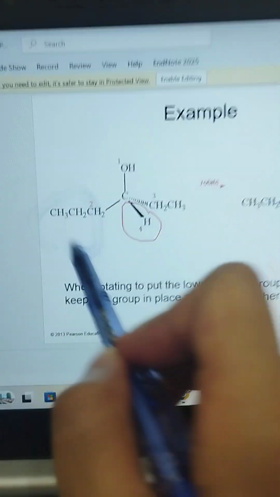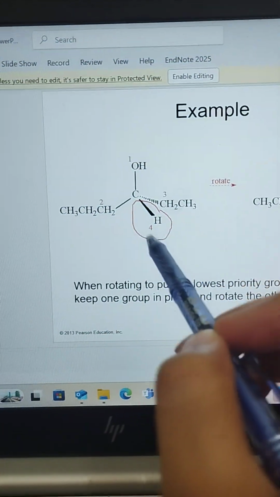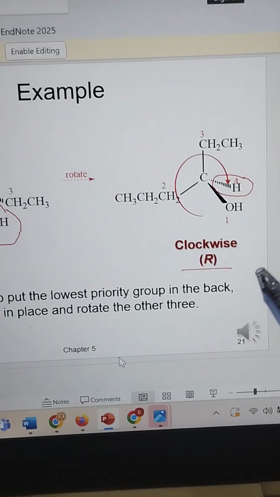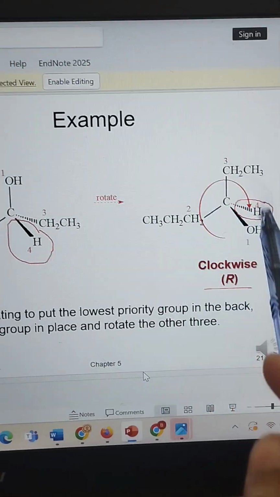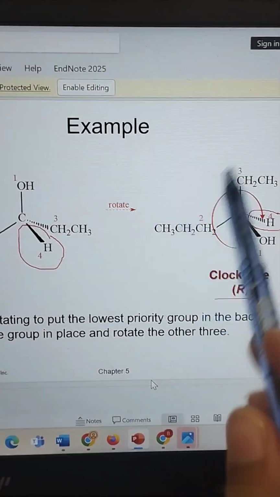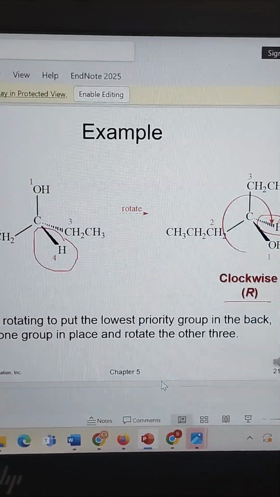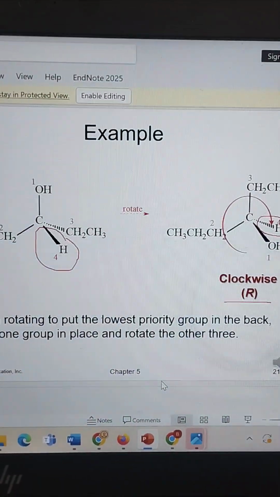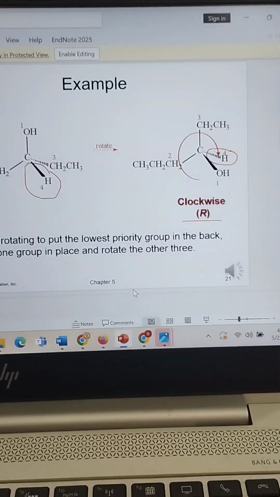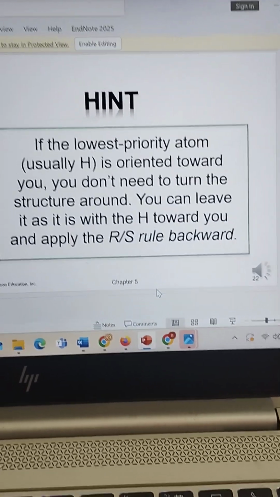It has less. This is propyl, this is ethyl, so this is 2, 3, and 4. And then the second step is that we will draw an arrow like 1, 2, 3, and this is the lowest priority group. So we will rotate the arrow, so this would be the clockwise direction, and we can assign it the R configuration.